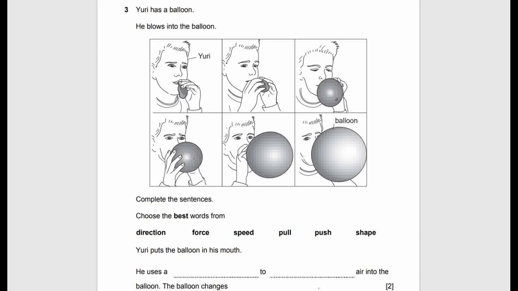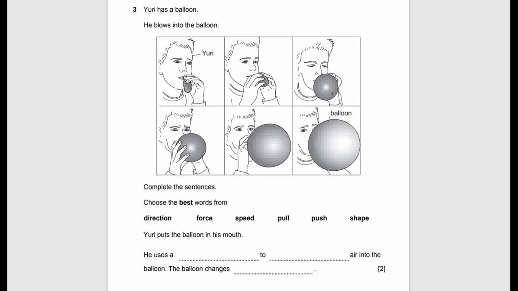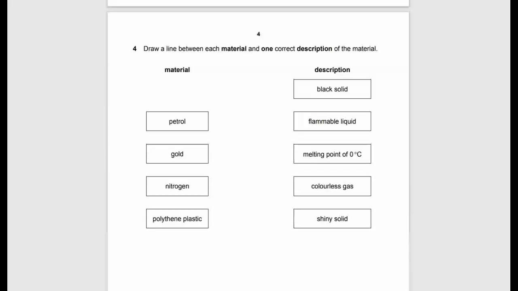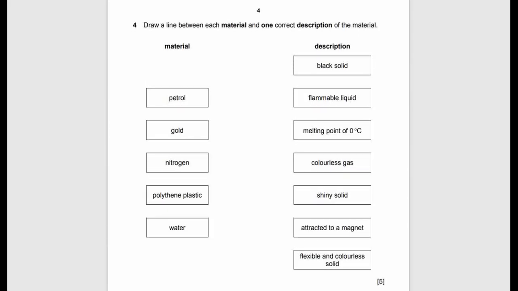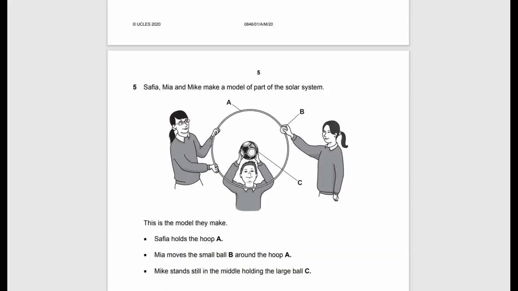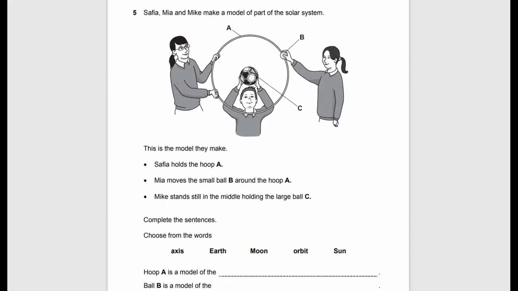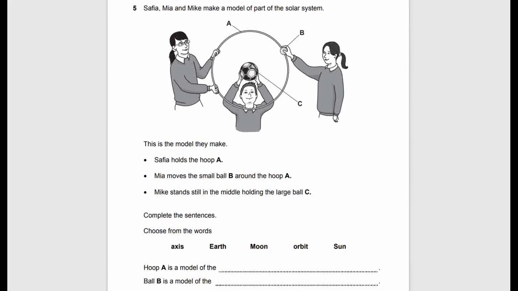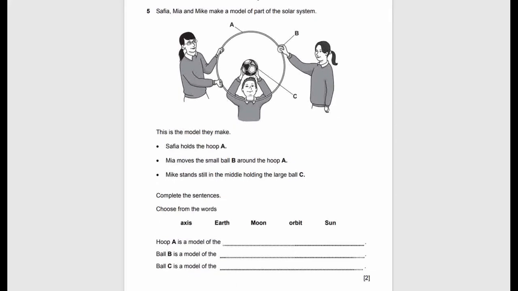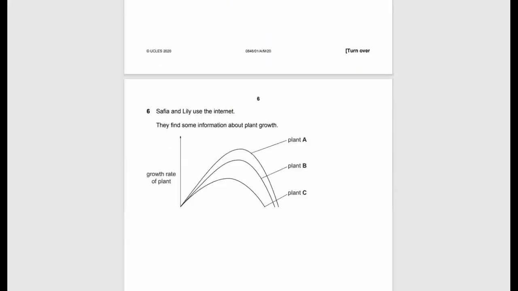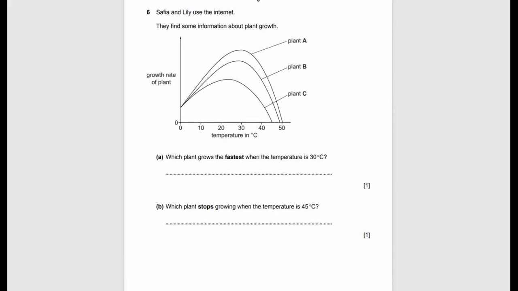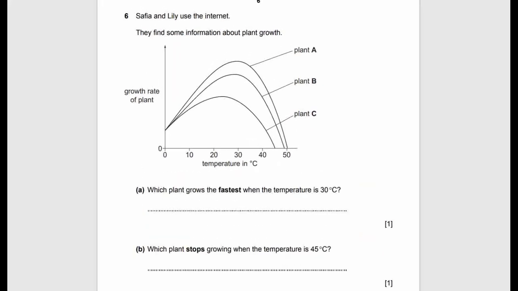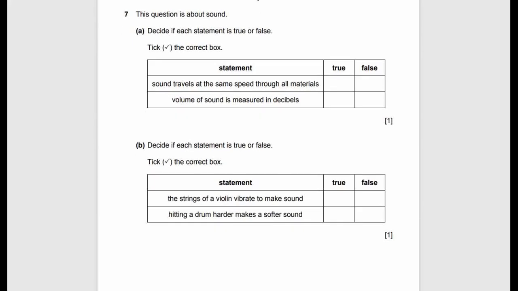Yeah, this is number 3 and this is number 4. This is number 5. Let me zoom out. This is number 5, the whole question of number 5. This is number 6 and this is number 7.